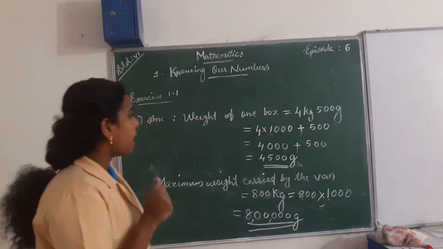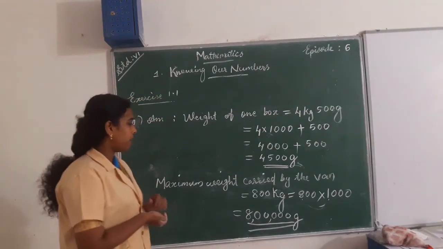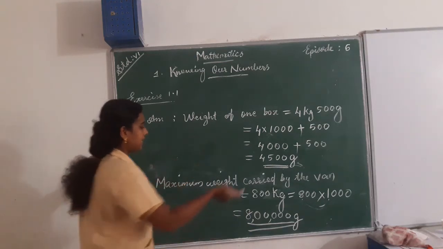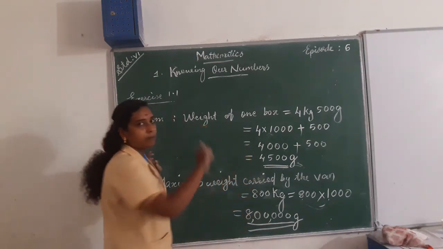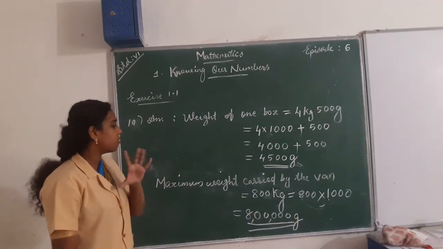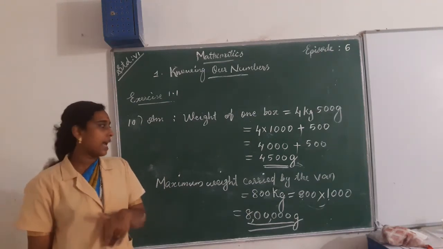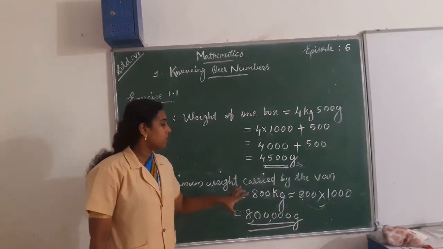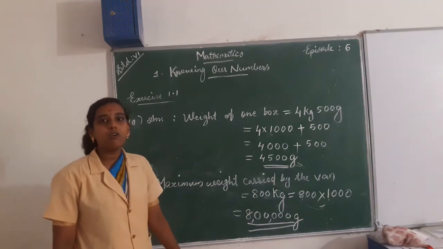For finding the number of boxes carried in the van, we use division. That is 8 lakh divided by 4,500 gram. That means for finding the number of boxes, we divide the maximum weight carried by the van by the weight of one box.